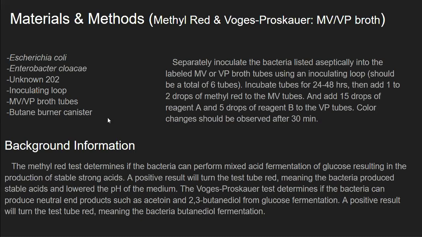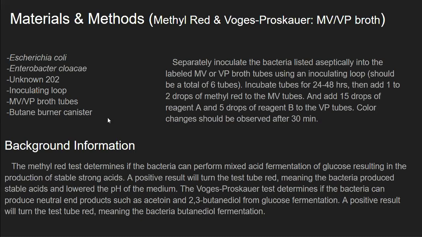The background information. The methyl red test determines if the bacteria can perform mixed acid fermentation of glucose, resulting in the production of stable, strong acids. A positive result would turn the test tube red, meaning the bacteria produce stable acids and lower the pH of the medium.